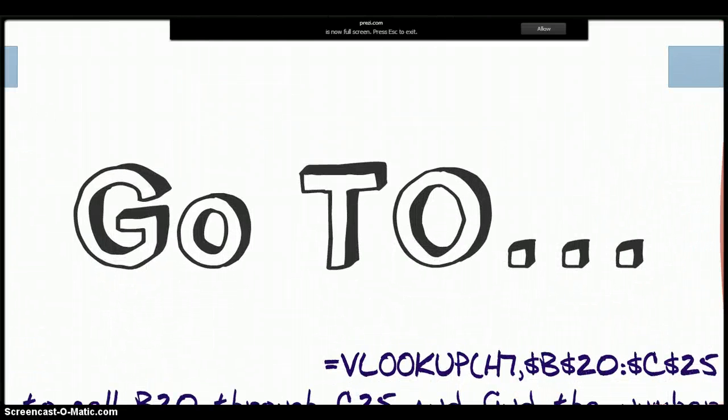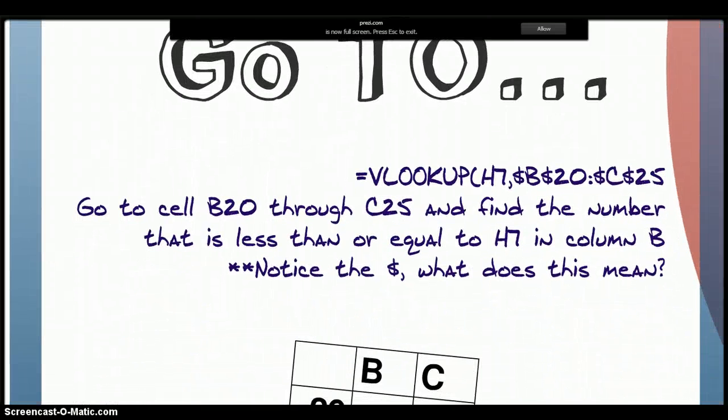The second part of the formula is to go to. So we say equals VLookup, look in cell H7, comma. Again, notice that the different parts are separated by commas. Then go to cells B20 through C25. This is where the range of information is found. You would put this somewhere on the spreadsheet.